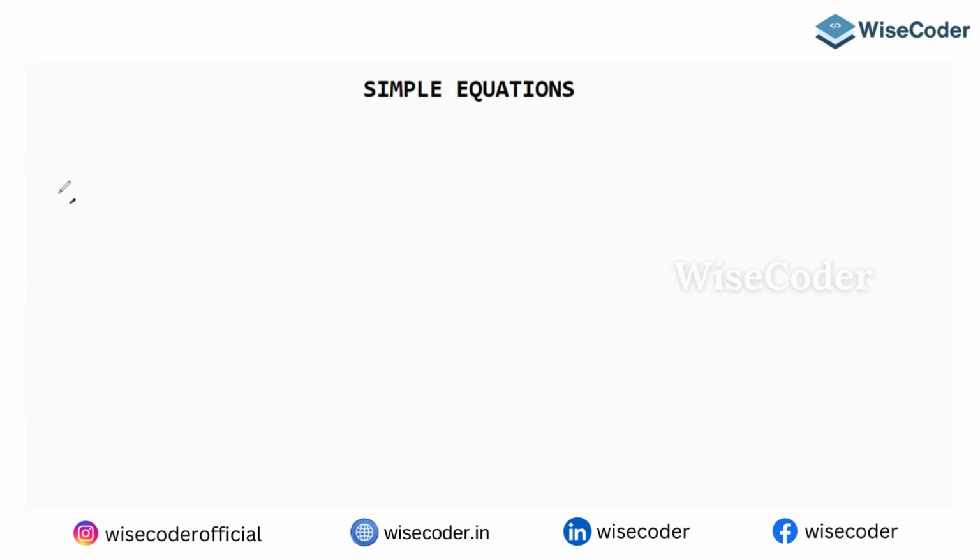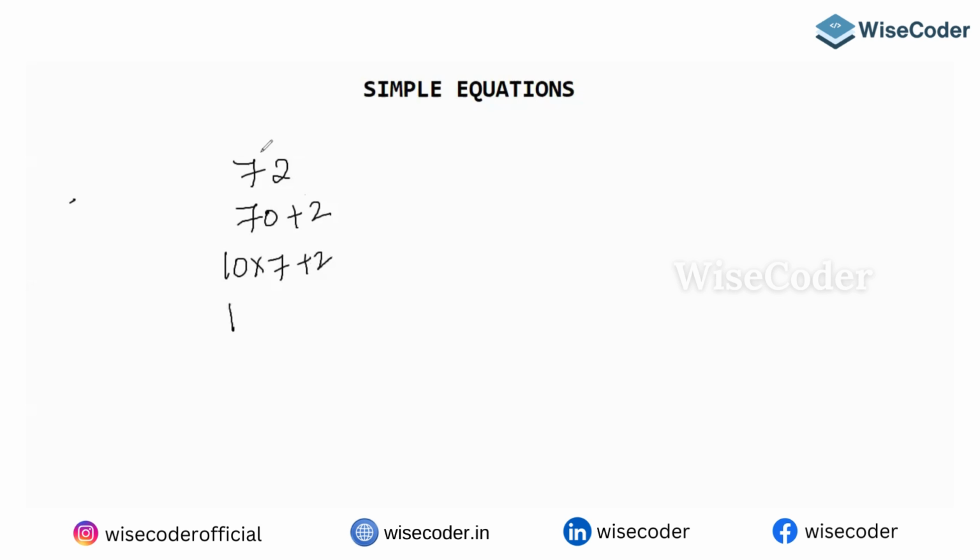Why is this actually happening? If you want to know that, you should know this point. Look here, 72. How does 72 come into the picture? You can write 70 plus 2, that is 10 into 7 plus 2.